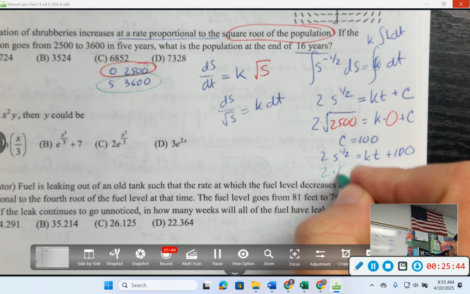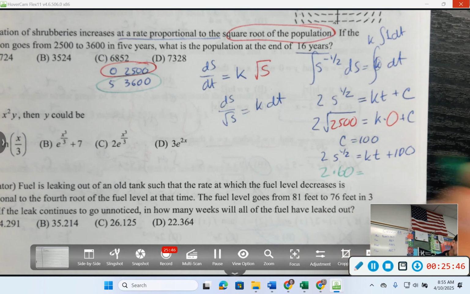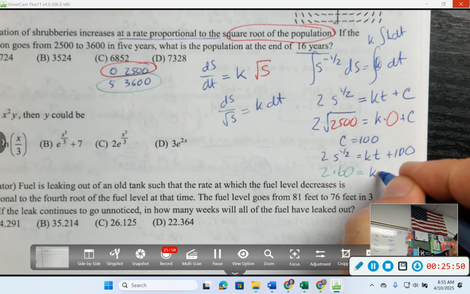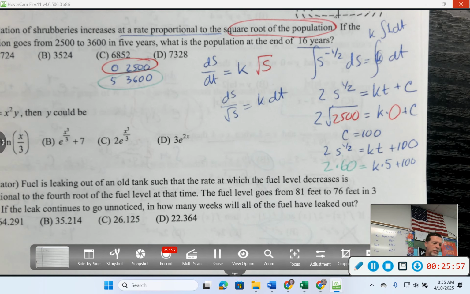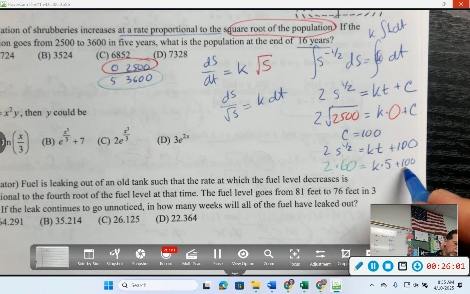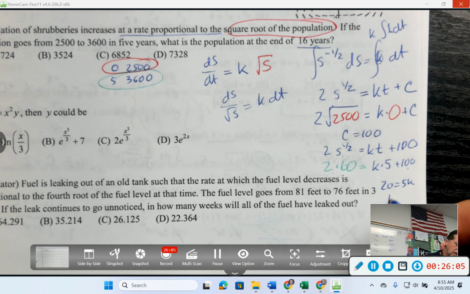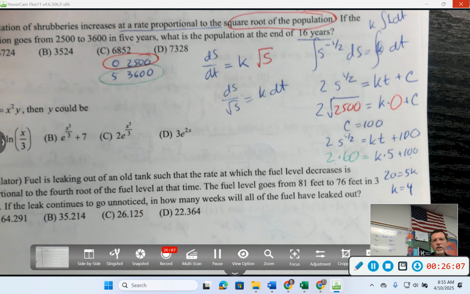Square root of 3600 is 60. I don't know k. I do know t is 5. Maybe this wasn't a calculator problem because the numbers are working. 120 minus 100 is 20. K is 4.